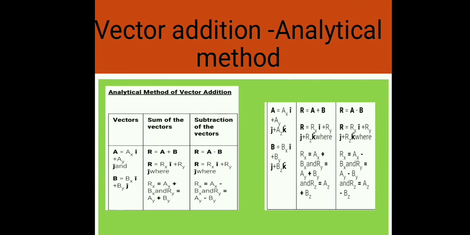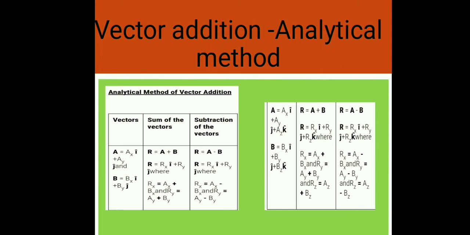Now come to the 2D description of the analytical method. First of all, you can see a table here. There are three columns. The first column represents the vectors, the second one is the sum of vectors, and the third one is the subtraction of the vectors.